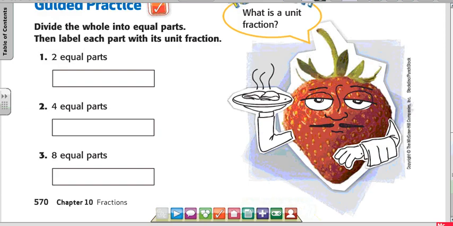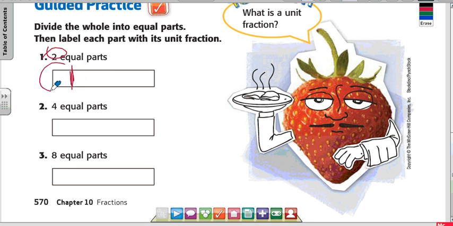Let's do this together. It says, divide the whole into equal parts, then label each part with its unit fraction. So 2 equal parts. How am I going to divide the rectangle? How many sections? 2. Is that equal?